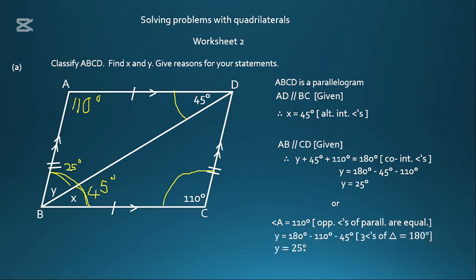And there we have it. Y is equal to 180 minus 110 minus 45. Three angles of a triangle equal 180. Y is equal to 25 degrees. You have that? So you can use this way, or you can find it through that method. Next one.